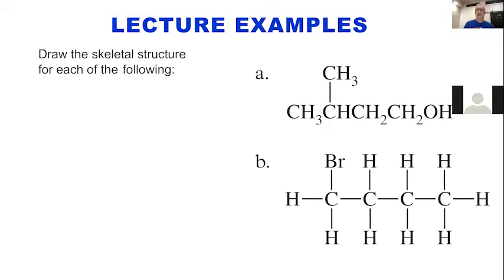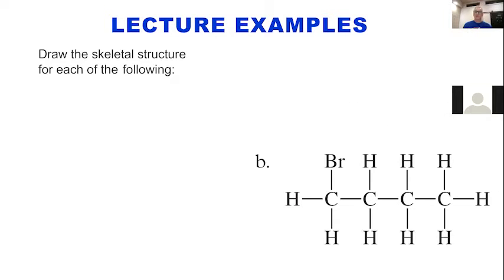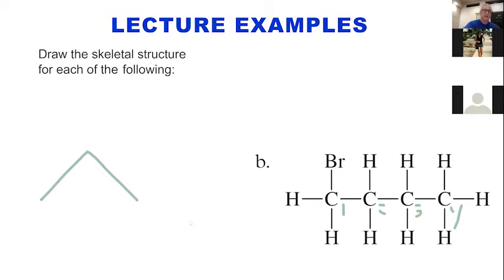All right, here's our second molecule. So what's the longest number of carbons in a row that this one has? 4, right. 1, 2, 3, 4. And which carbon has a substituent on it?